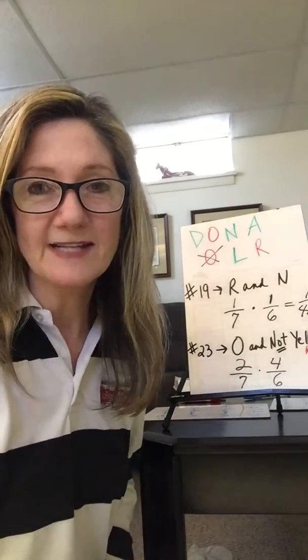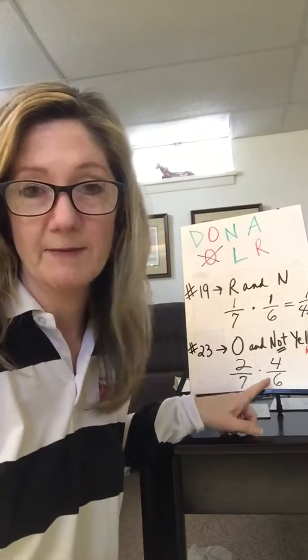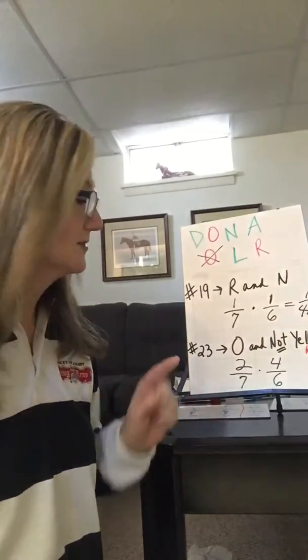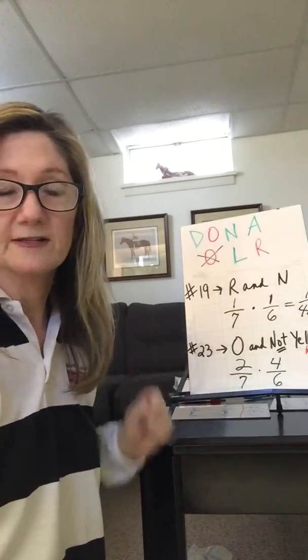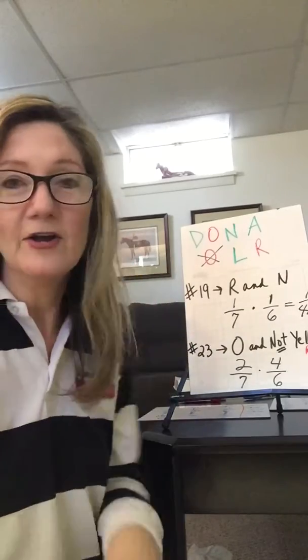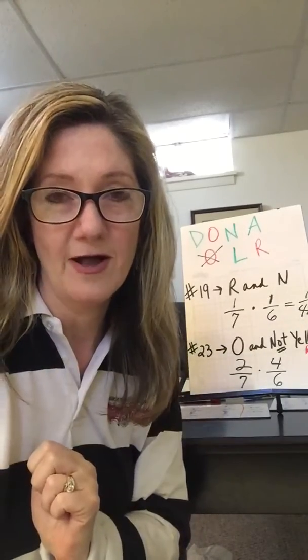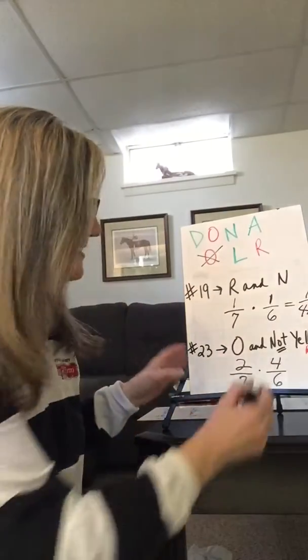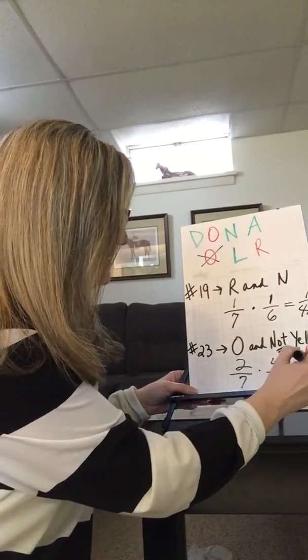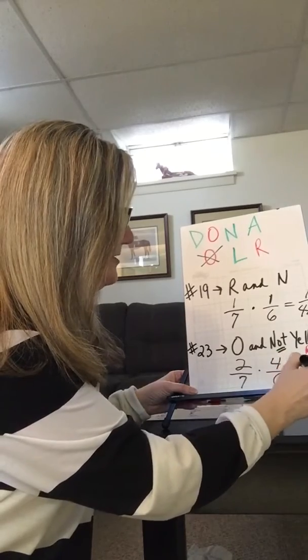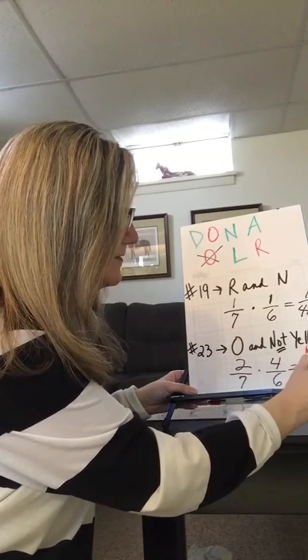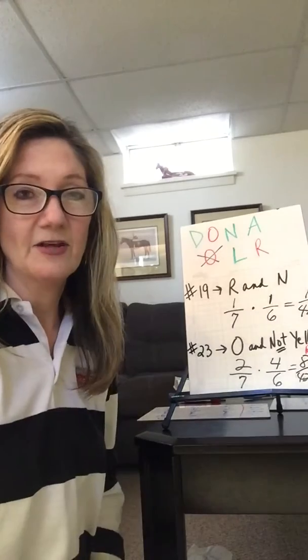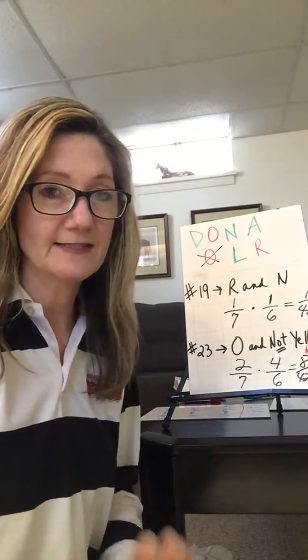Some of you were still keeping that bottom number of 7. Some of you also thought that since there was a 2 out of 7 chance that you'd pull out an O, both O's are gone for the next pull, but they're not. Only one is gone. So the answer would be 8/42, which reduces to 4/21. You can go back and look over that section.